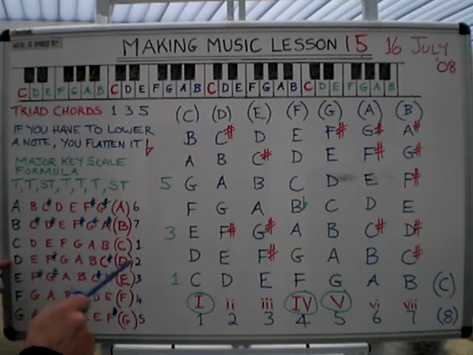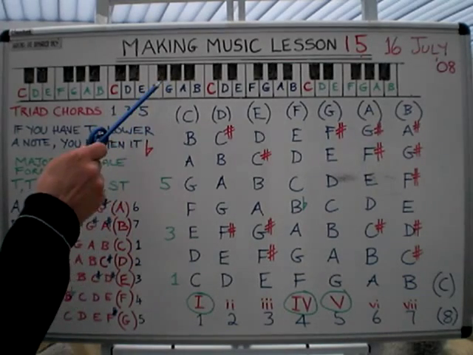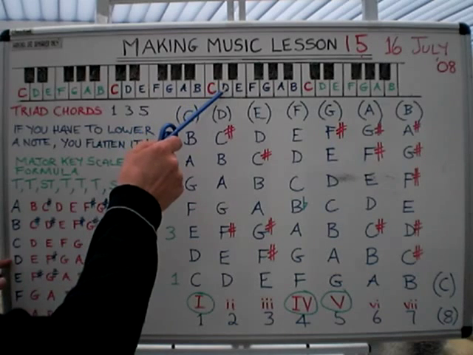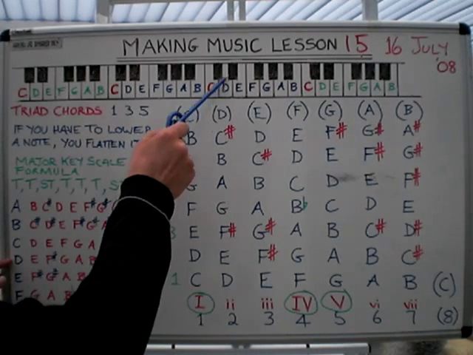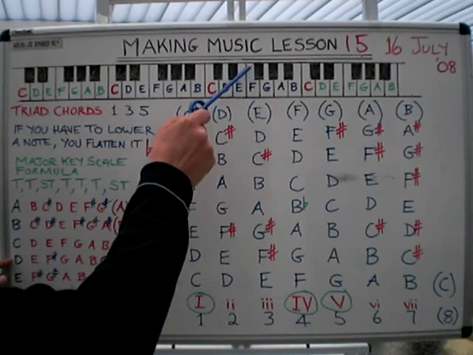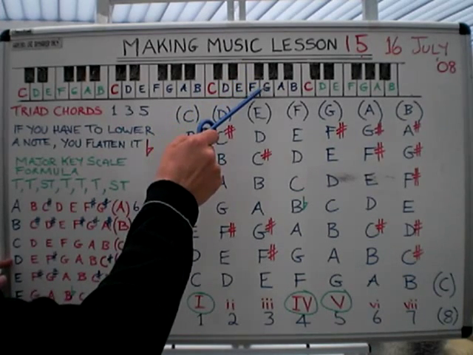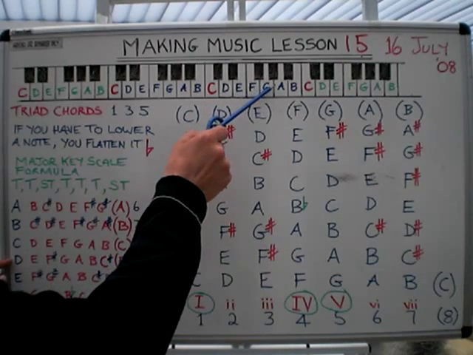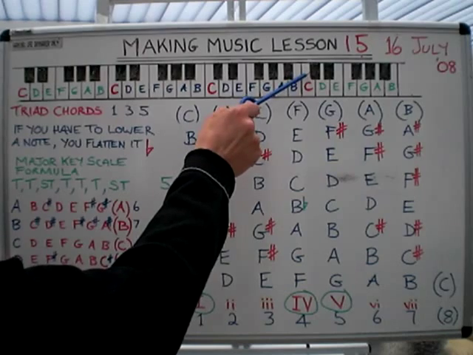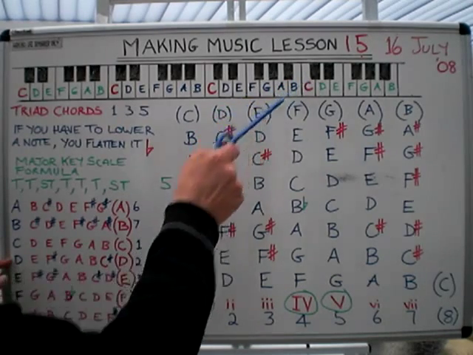Let's have a recap of that. If we take a D on here, let's take just the one above middle C, we'll go tone, tone, there's the first sharp, semitone, tone, tone, tone, there's the next sharp, and last semitone.